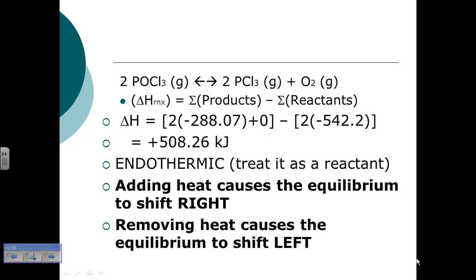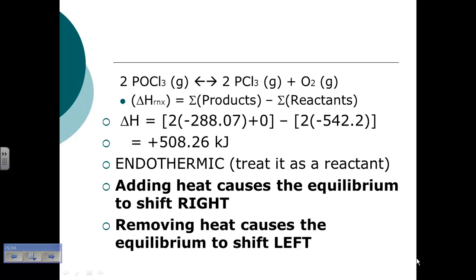All right, so now you've looked up those values. We see that the product, PCl3, had a value of negative 288.07. That's the product, and there were 2 moles worth of it, so I distribute a 2. The plus 0 reminds us that molecular oxygen had a value of 0.